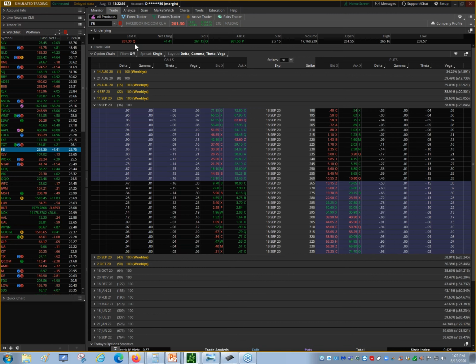So what we're assuming here is Facebook is going from 261.30 to 262.30. So we're just saying a $1 move higher, all else equal, assuming nothing else happens: time doesn't pass, the days don't go by, volatility doesn't change at all.